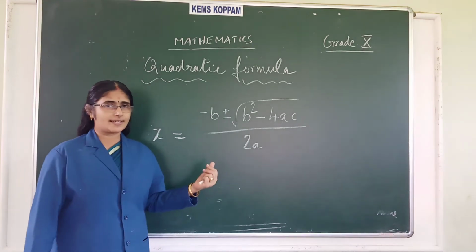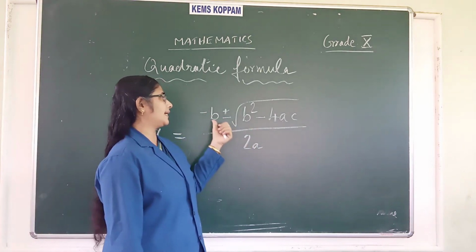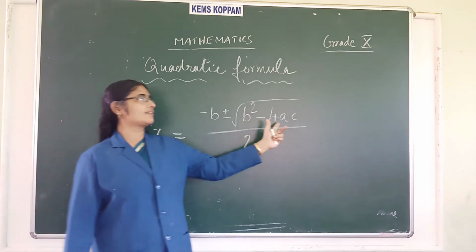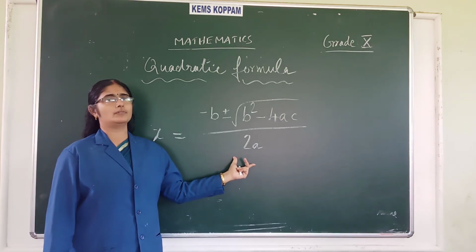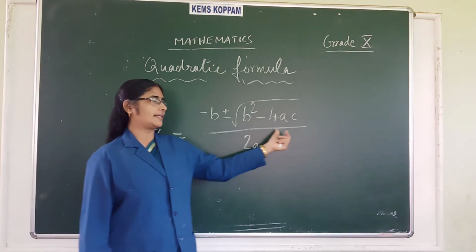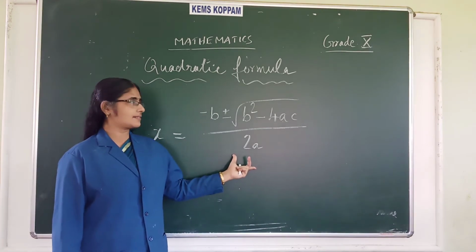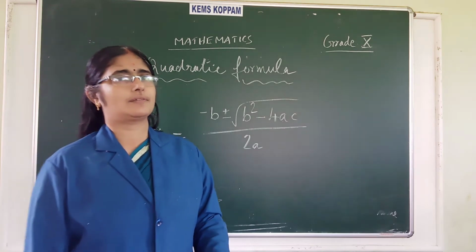Three conditions are there. You must learn this formula by heart: negative b plus or minus root of b square minus 4ac, whole divided by 2a, and apply it to solve the equation.